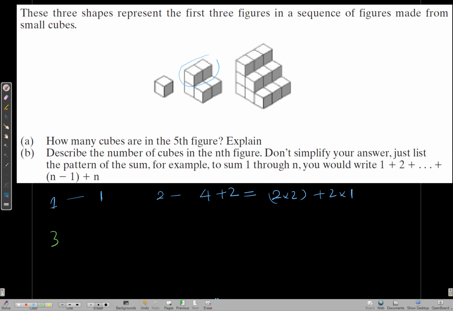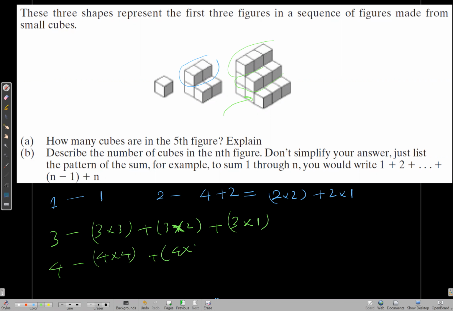And for the third one, I get, see, this level, base level, that's 3 by 3. And then I have 3 by 2 plus 3 by 2 and plus 3 by 1. Now you see the pattern. So the fourth one is going to be 4 by 4 plus 4 by 3 plus 4 by 2 plus 4 by 1, right?